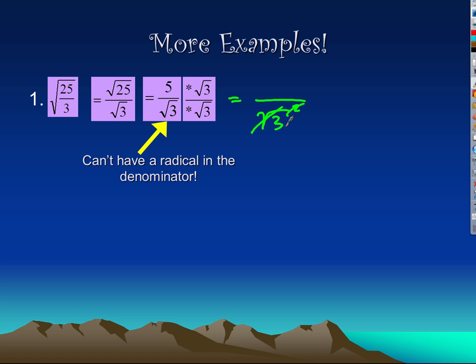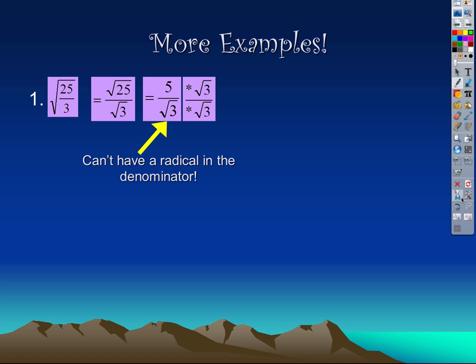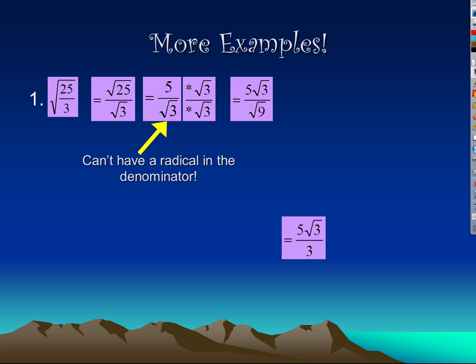So what we're just left with then is just our 3 on the bottom. Make sense? So that's why we do that. We're going to get rid of the radical by multiplying it by itself, by squaring it. And so we just end up with that. That's our answer. No more square roots on the bottom.